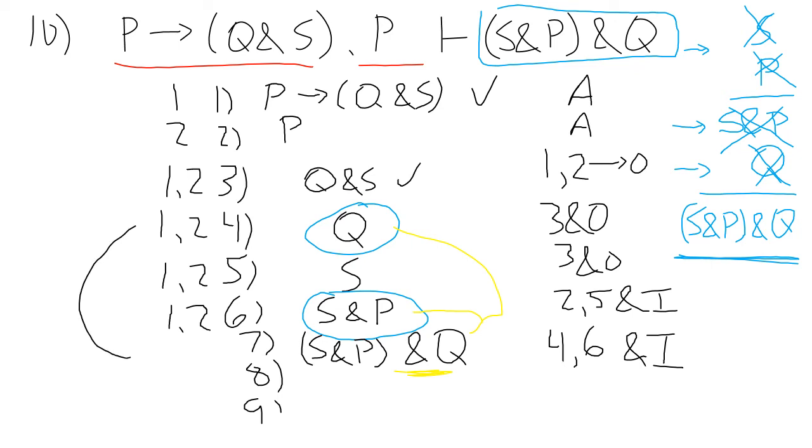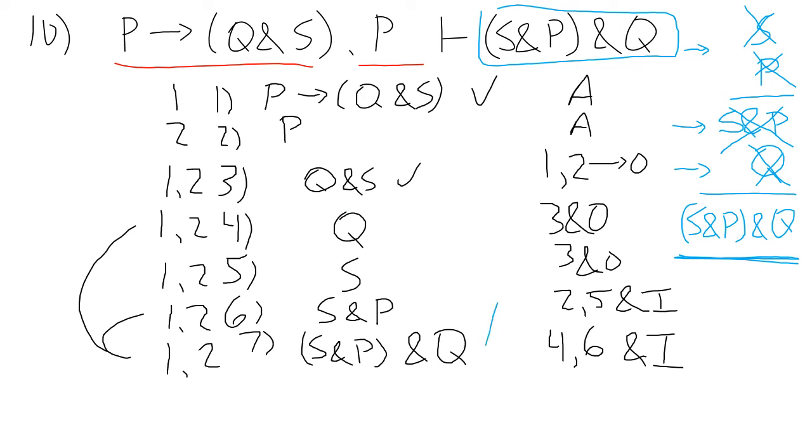What numbers do we have in 4? What numbers do we have in 6? Well, we just have 1 and 2 that appear in both places. So we have everything that we need. Got to our conclusion, which was S and P and Q. And so that is the 10th problem of the problem set.